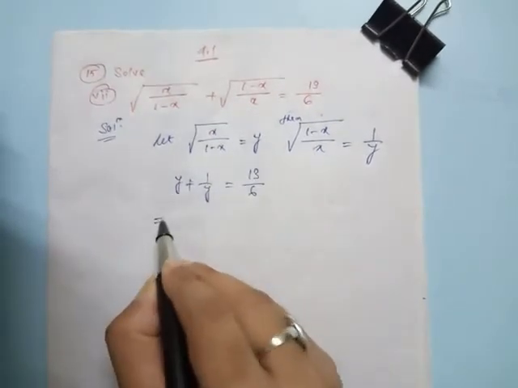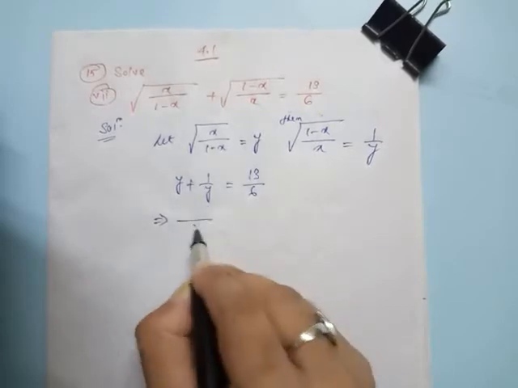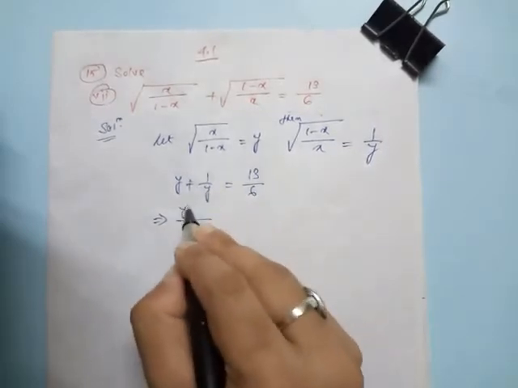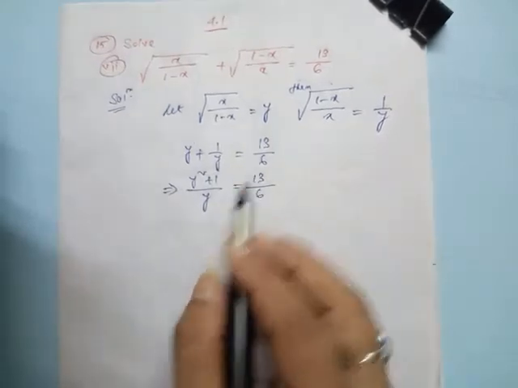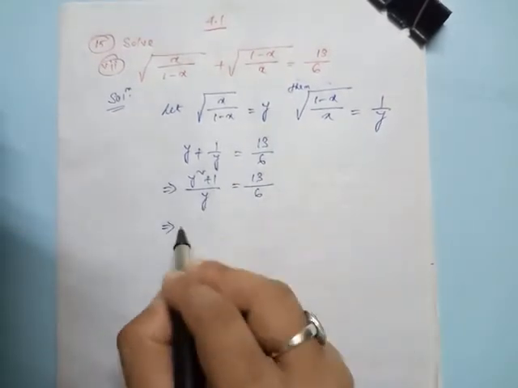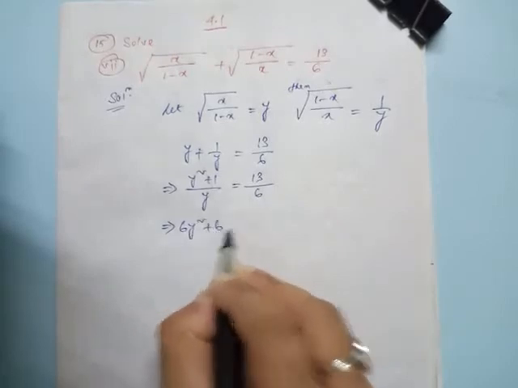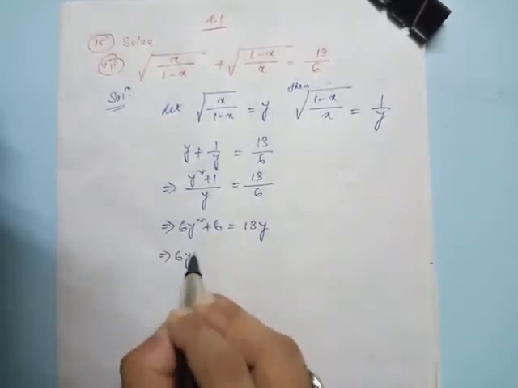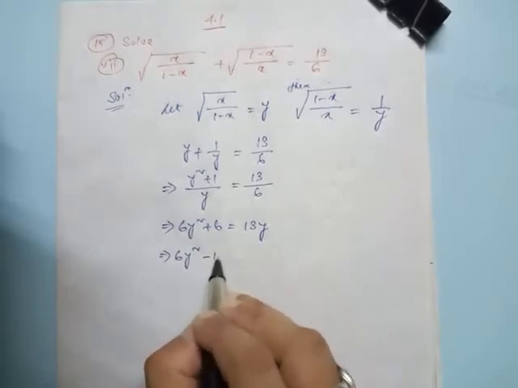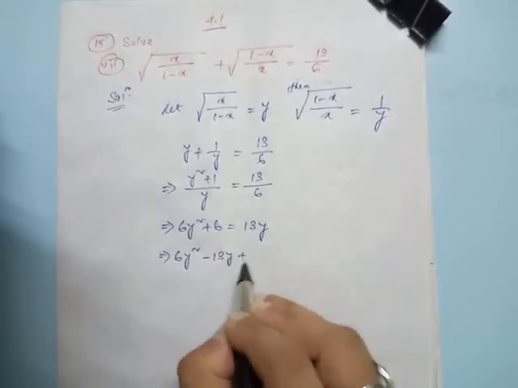Now if we go for LCM, y square plus 1 by y equal to 13 by 6. Then cross multiplication gives 6y square plus 6 equal to 13y. Now if we take 13y to this side, it becomes 6y square minus 13y plus 6 equal to 0.